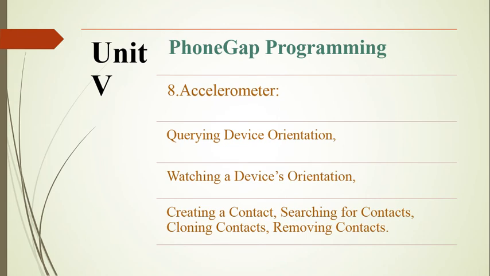The accelerometer API allows a PhoneGap application to determine a device's orientation in 3-dimensional space using X, Y and Z coordinates. Next one is watching a device orientation. A PhoneGap application can set up an accelerometer watch that automatically measures accelerometer data at specific intervals.